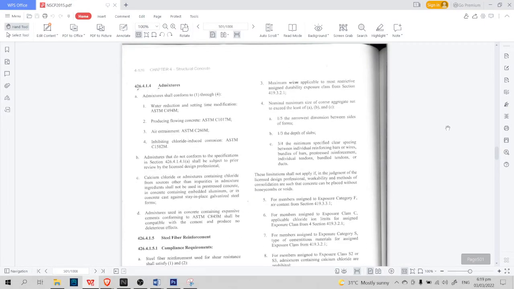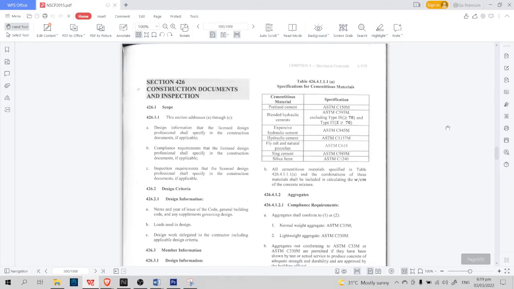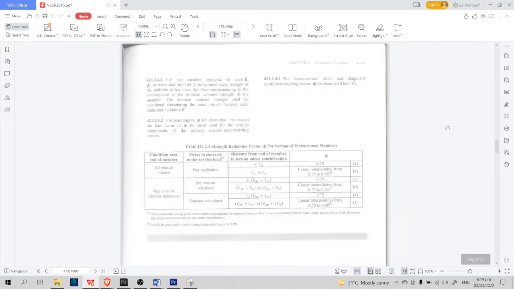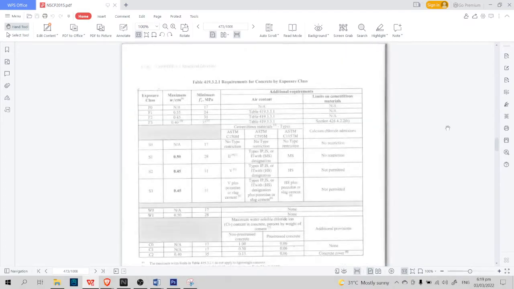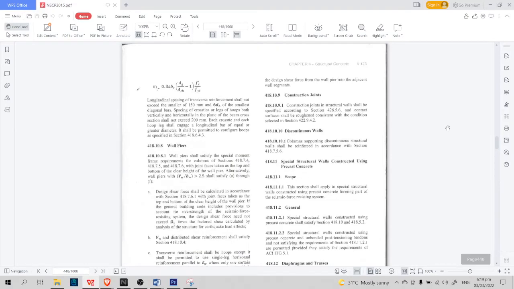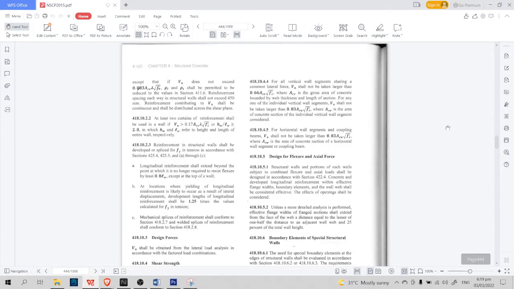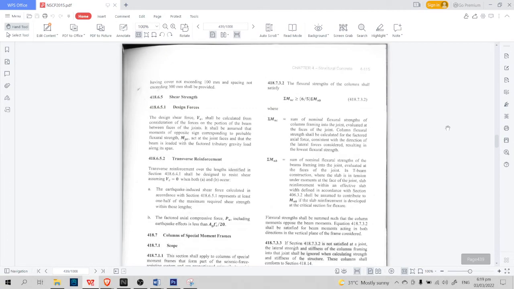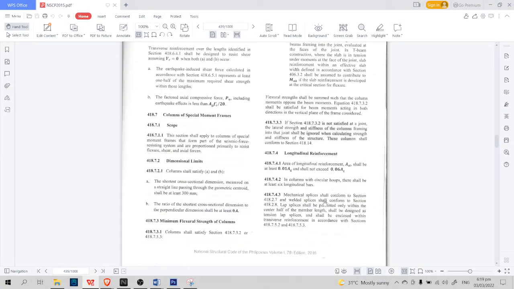Section 418. Dali, hanapin ko lang yung 418. Ito. So, hanapin ko lang dito. Malapit na.